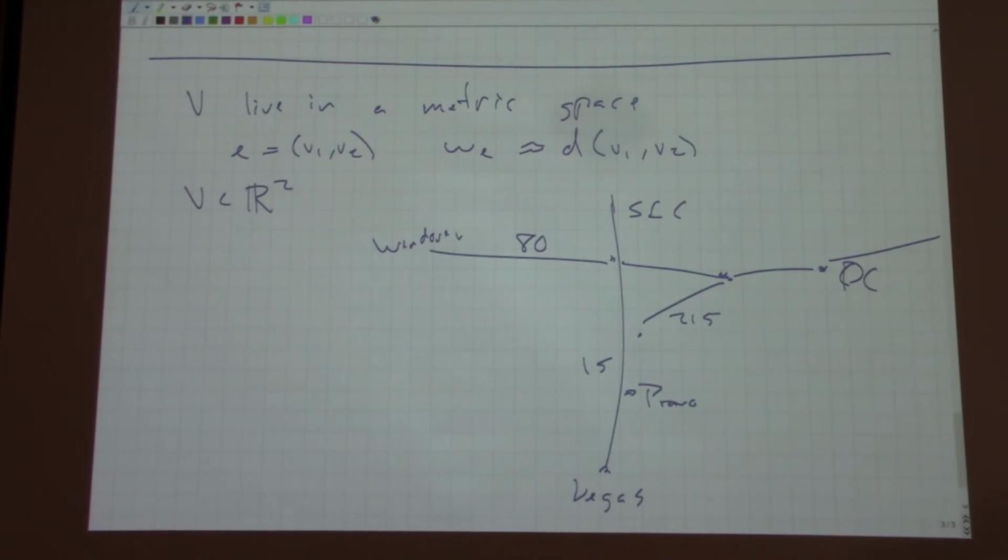It can't run a full Dijkstra on this graph, right? So what it does is it starts with this scaffolding, and it says, okay, if you want to go from Vegas to Park City, you would go like this, right?